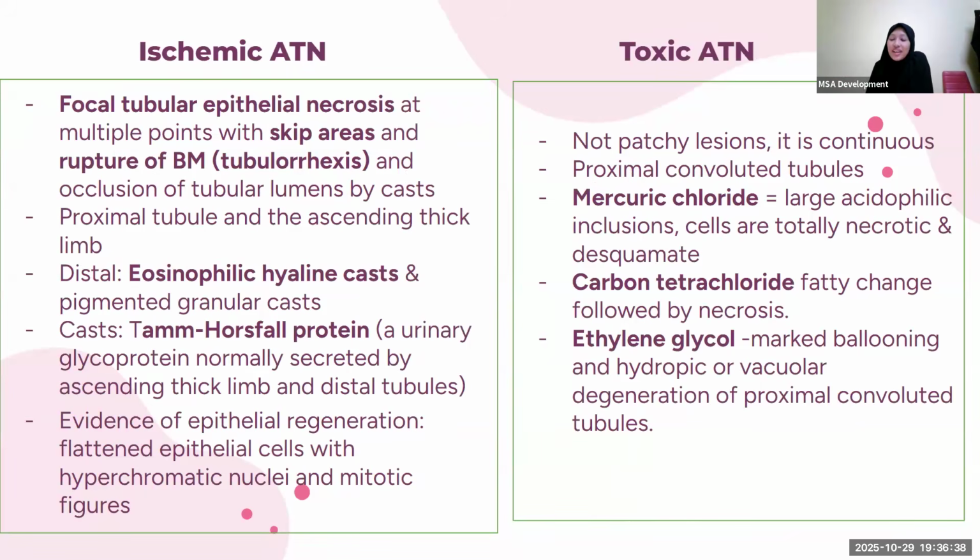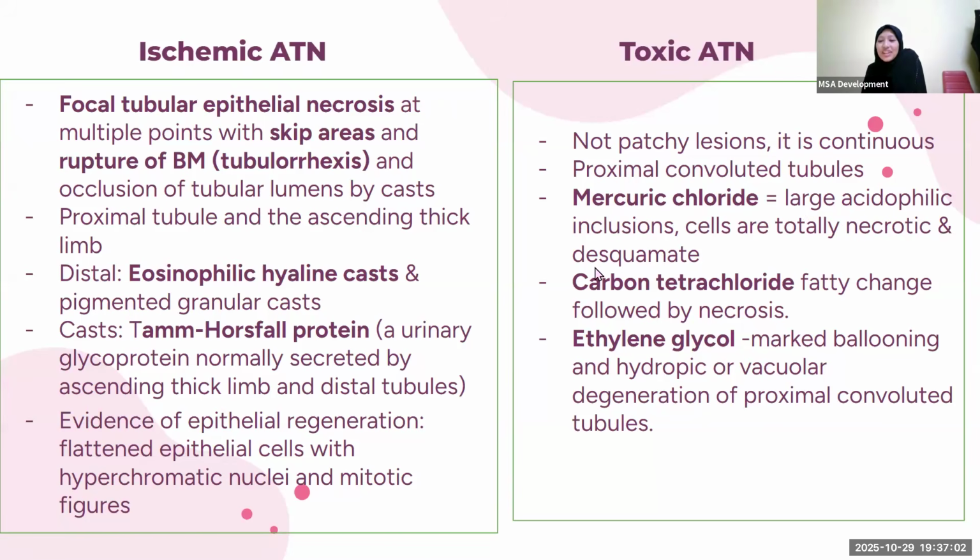But basically, if there is a toxin like mercuric chloride, the result of that, you would see large acidophilic inclusions in the cells of the tubule, necrotic and everything. So mercuric, I used to remember it as uric, so acidophilic, acid, uric, right? This kind of makes sense.